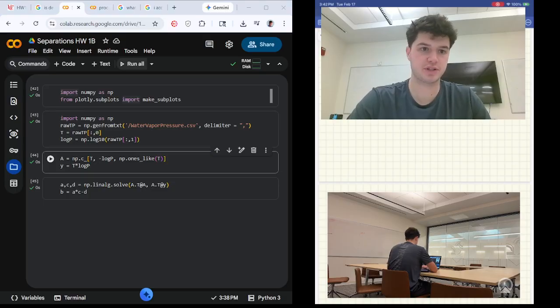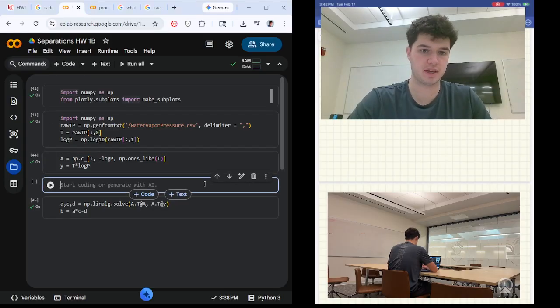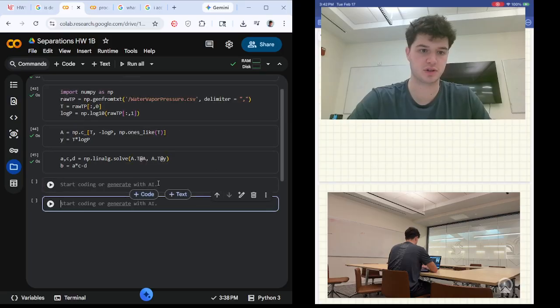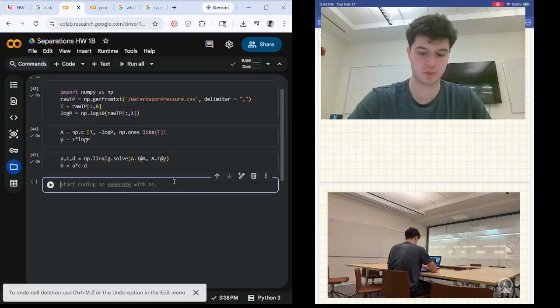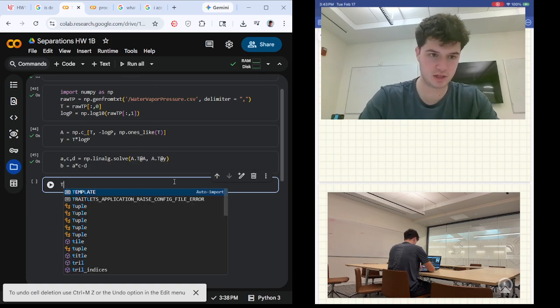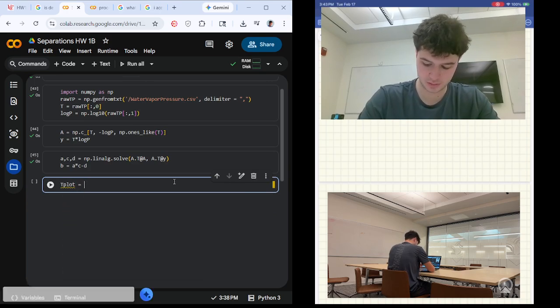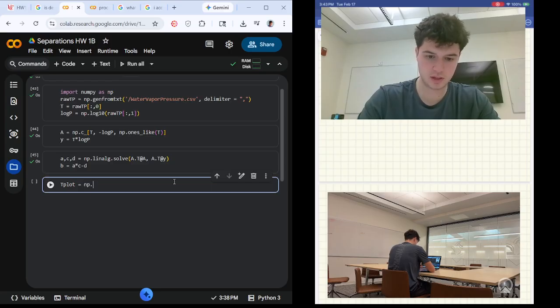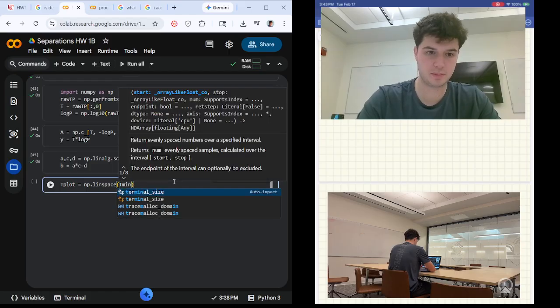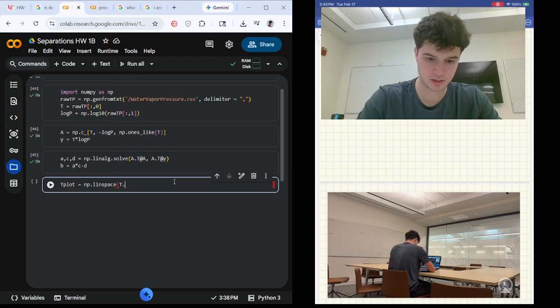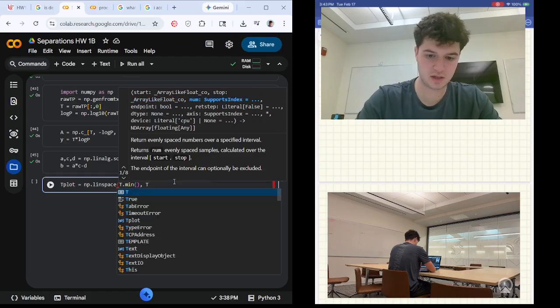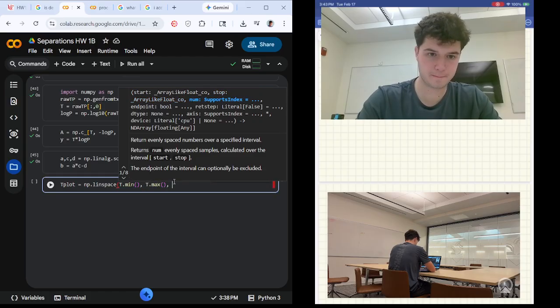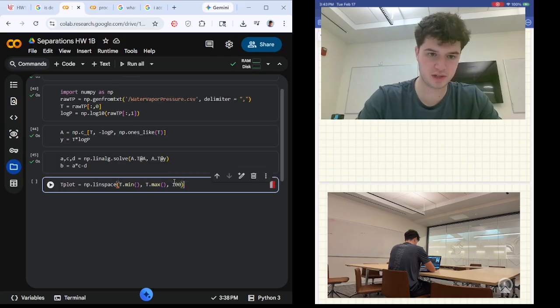All right, and so now we're actually going to start making this give us a graph. And so we will start this by making our t-plot, which is going to be equal to np.linspace, and that will be t.min, t.max, and then we have our number of values, which we will set as 100.